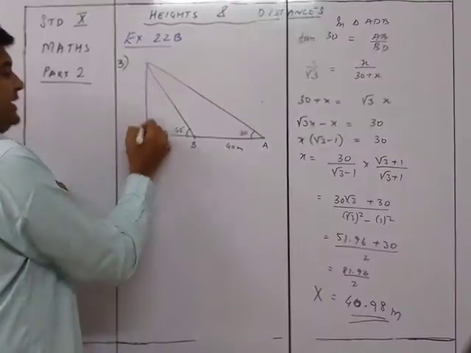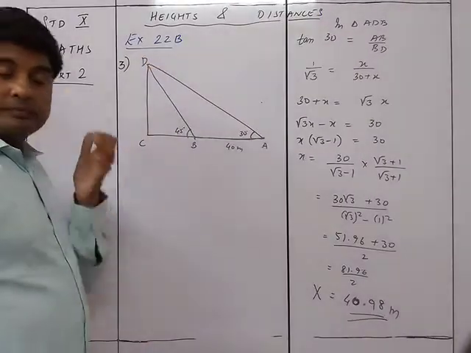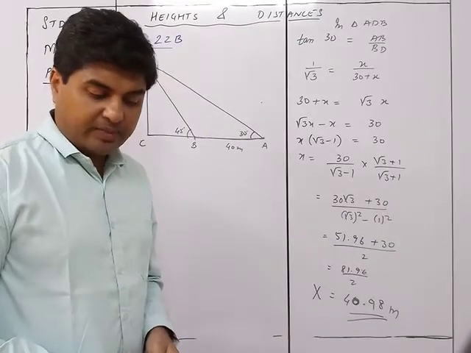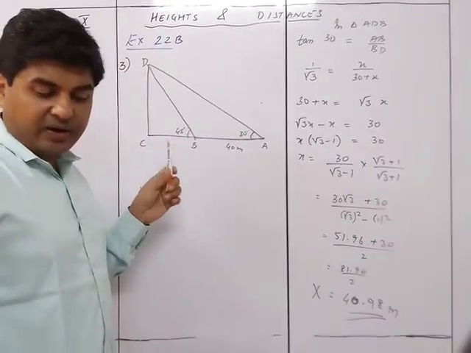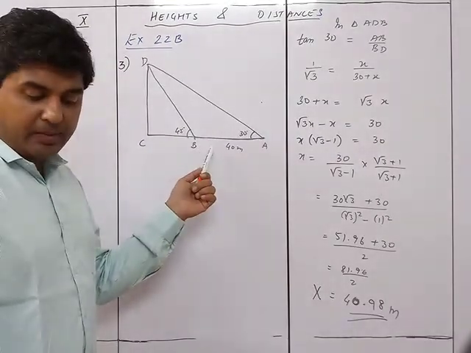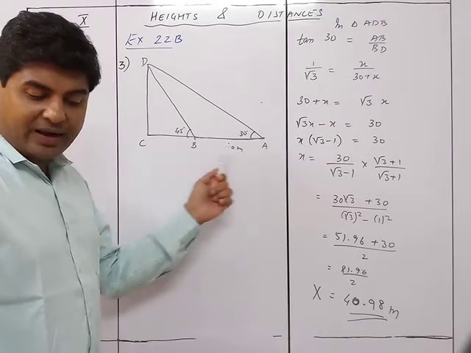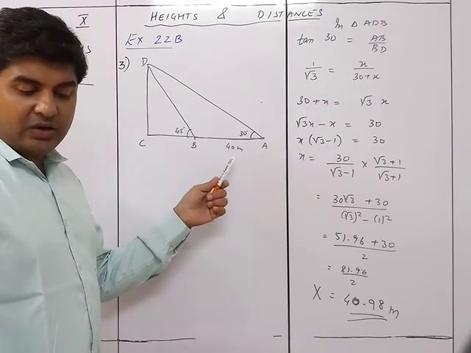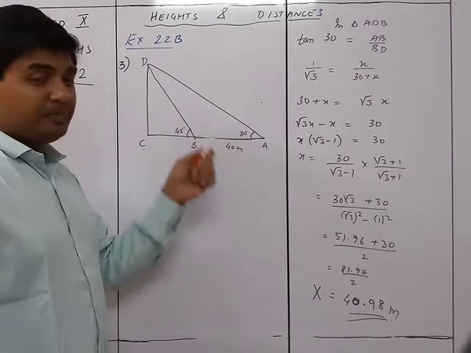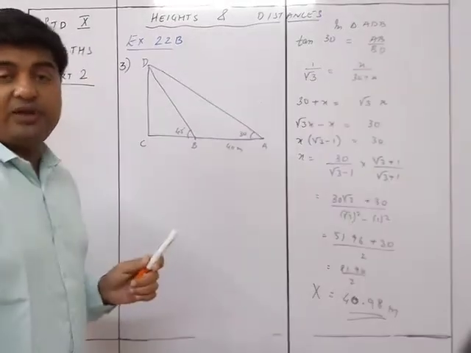This is point C and this is point D. Understood the meaning of the question? Find the height of the building when, on walking towards it 40 meters in a horizontal line through its base, the angular elevation of its top changes from 30 to 45 degrees.